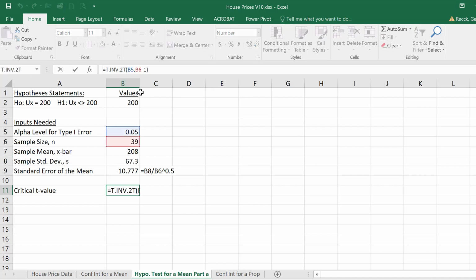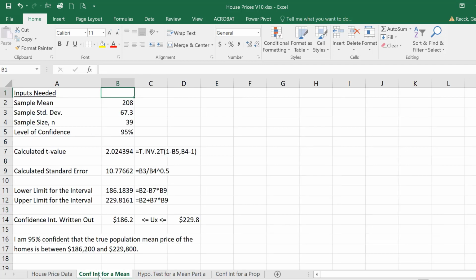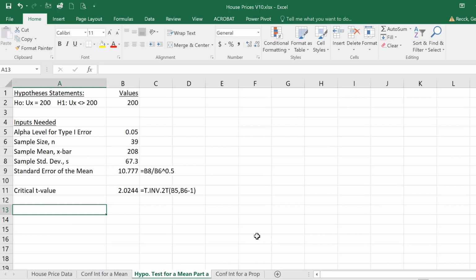And again, I'll put that formula in the next cell. And I'll jump back over to the confidence interval for mean, where you see that that's our calculated t-value, same formula. So we have a lot of these overlaps, and that may help your understanding.